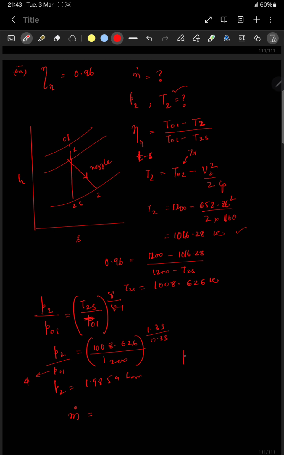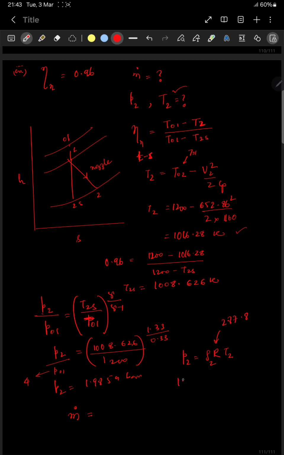Okay, now we have to find m dot. We can find out P2 is equal to rho R T2. Okay, so we can have R as 287.8.